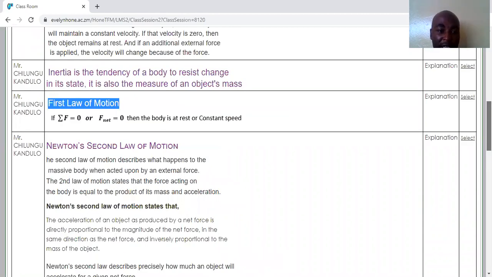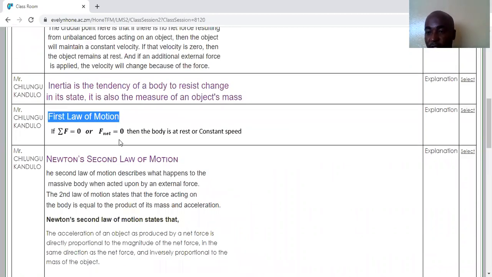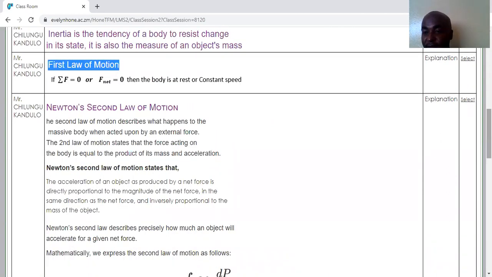So if there is a force and there is no balance, that's what we mean: if the forces, when you add them, do not give you 0. That's what you look at when you are looking at Newton's second law of motion.